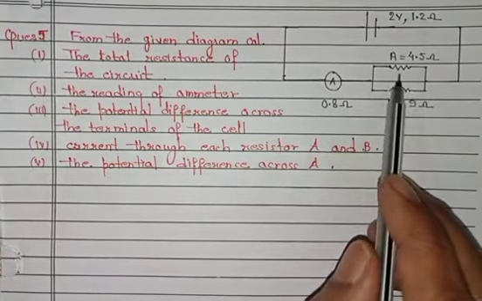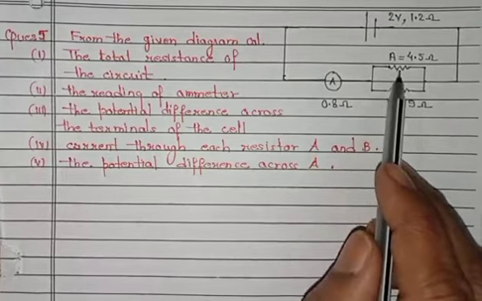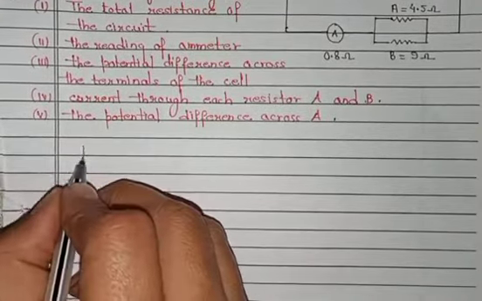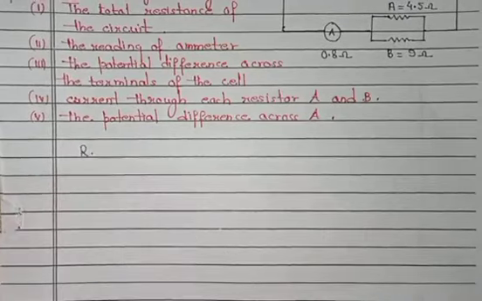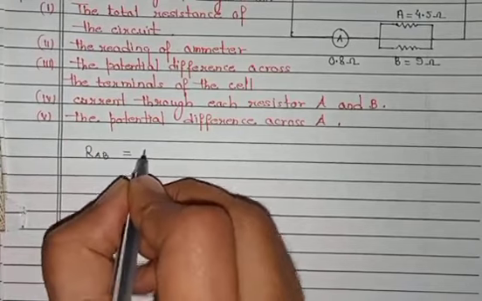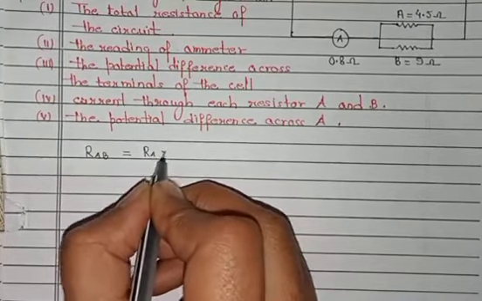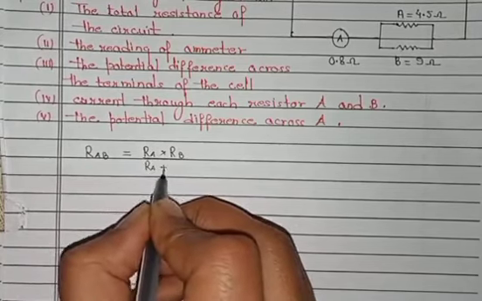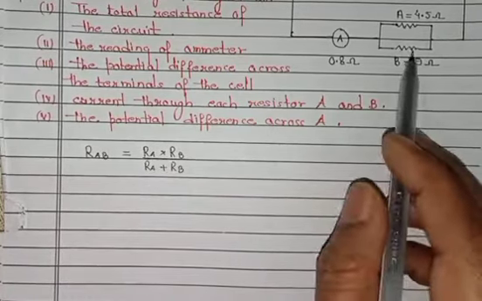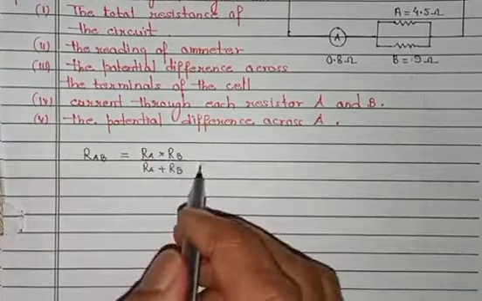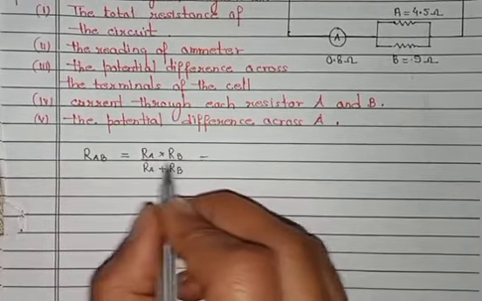So what we will do, first we will calculate equivalent of A and B. Now formula for equivalent of A and B is resistance of A times resistance of B upon RA plus RB. A and B both are in parallel, so we are applying the parallel method formula for two resistors.